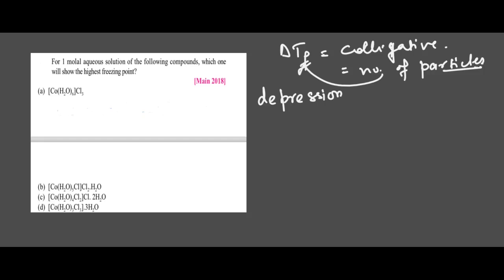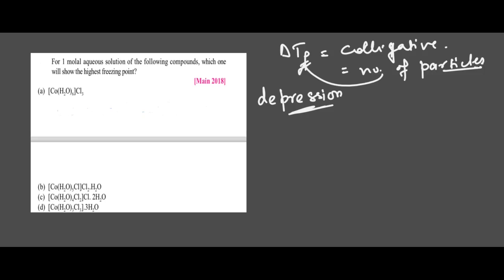I repeat, more number of particles means more depression. So to find the highest freezing point, you have to find the least number of particles, because the number of particles is directly proportional to the depression of freezing point.